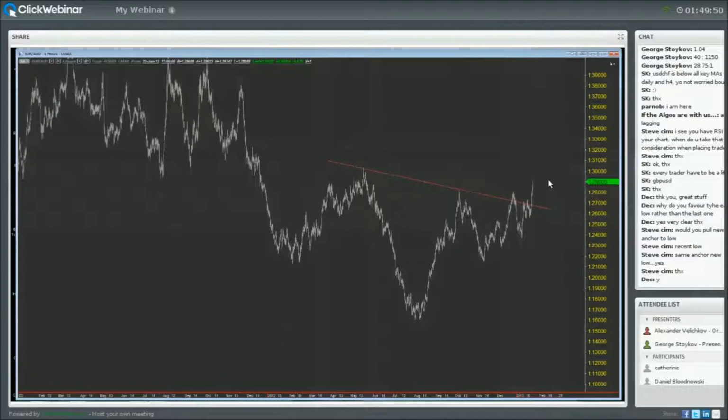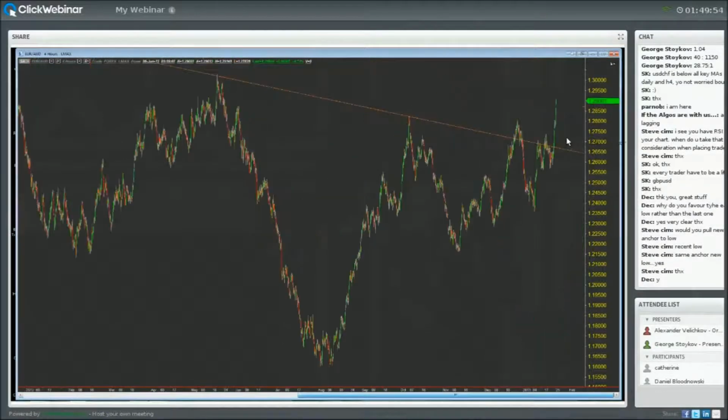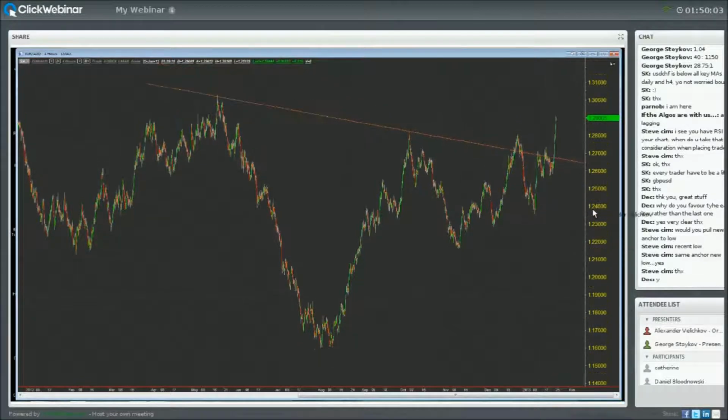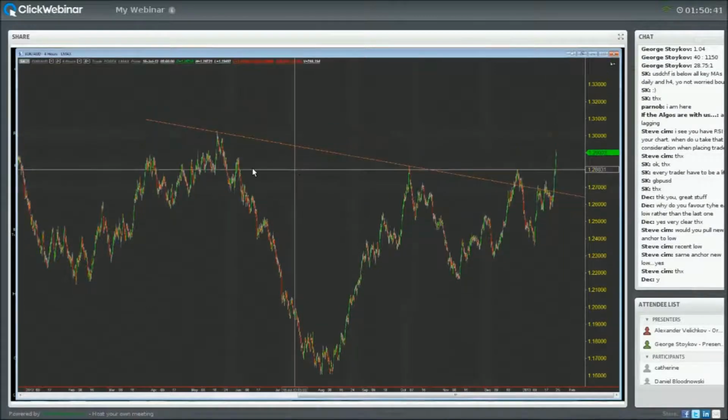We're right now waiting for a test of the neckline over here at the 126.5. This is classical technical analysis, guys. We use this to look at patterns. Yeah, on a daily chart, classical technical analysis works. And then we go to our strategy with Fibonacci's to confirm our strategy.